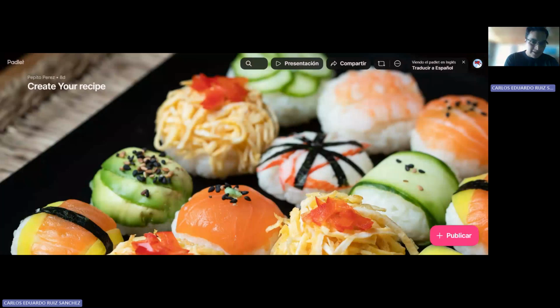Van a colocar las cantidades. Creen una receta. Bueno, pueden colocar algo que ya exista. You can put a recipe that exists already. So don't forget to use quantities: how many, how much, many, much. These are the previous concepts that we learned here, okay?